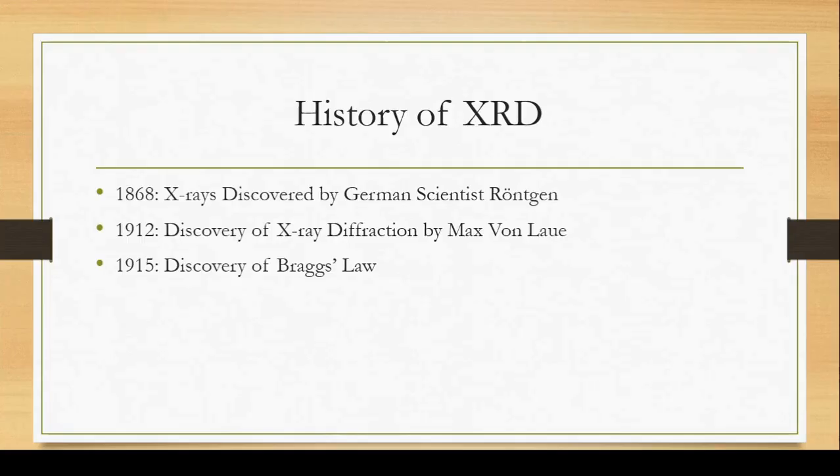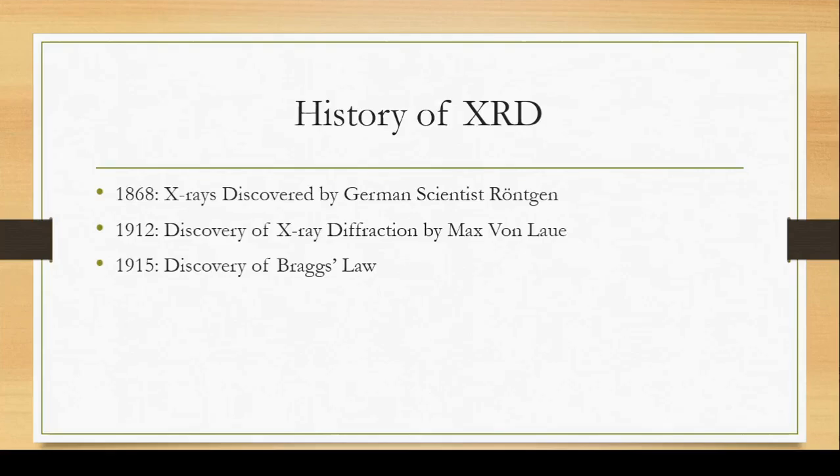Prior to the discovery of this technique, people knew all about crystals. People had ideas of how crystals are formed and what the structure is, but they had no way of verifying it. In 1868, a scientist by the name of Röntgen, apologies for the mispronunciation, I don't know how to pronounce German, discovered X-rays.